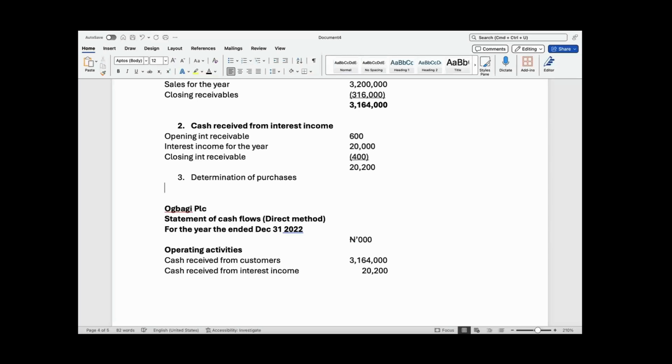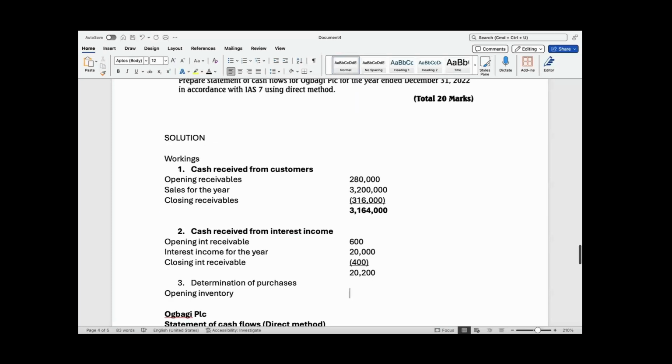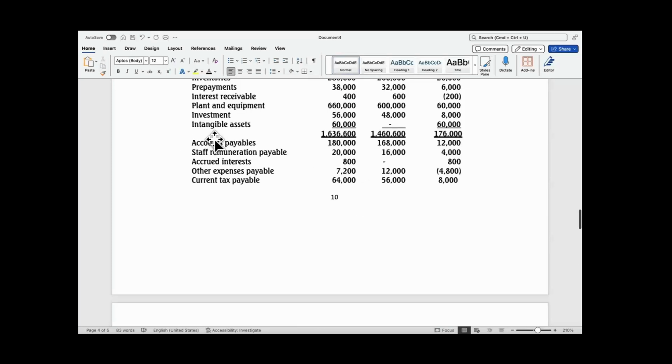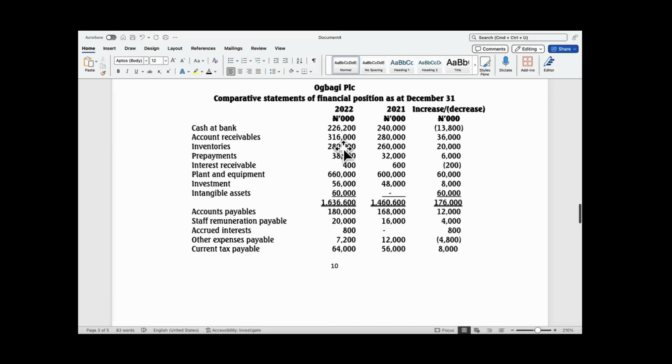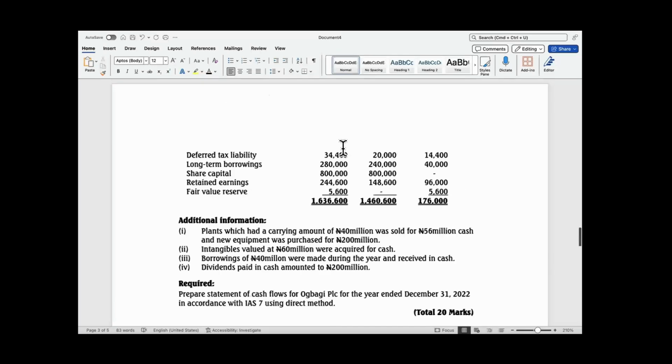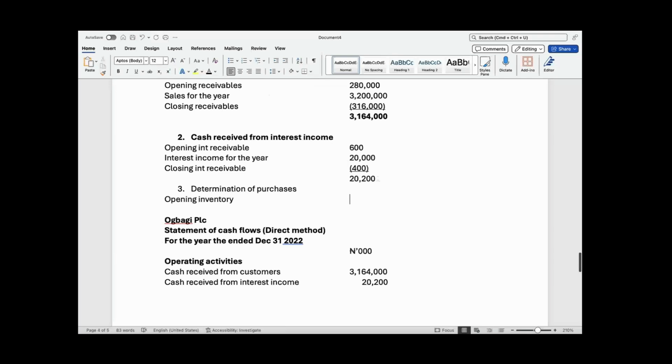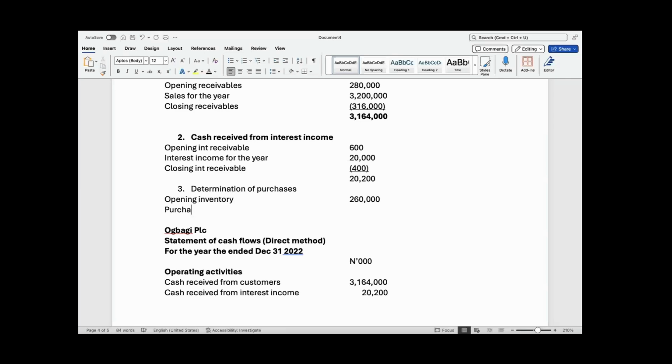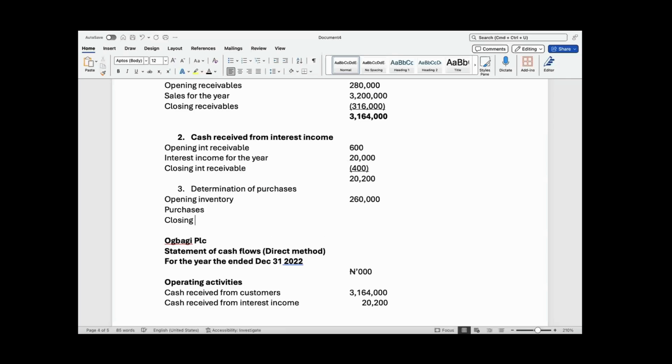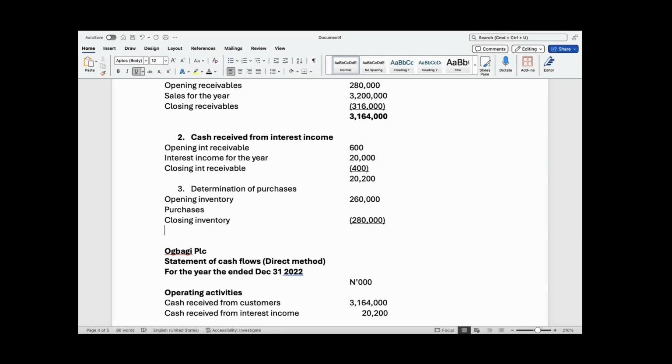What's my opening inventory? From my additional information, inventories, opening 260, closing 280. Opening 260, I had purchases, which I don't know. Then my closing inventory is 280. What's my cost of sales?